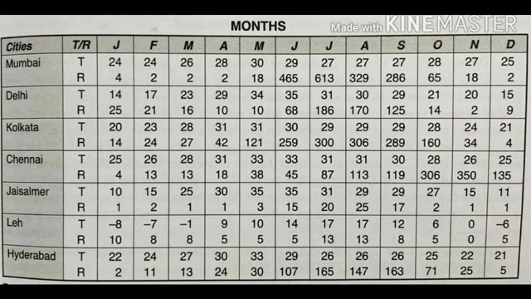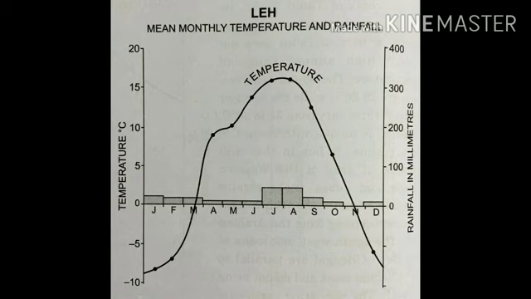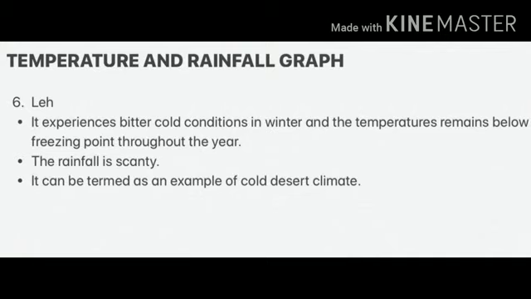It does not exceed 17 degrees Celsius even in the summer season. The rainfall is also scanty and no month receives more than 13 millimeters of rainfall. Consequently, it can be termed as an example of cold desert climate.